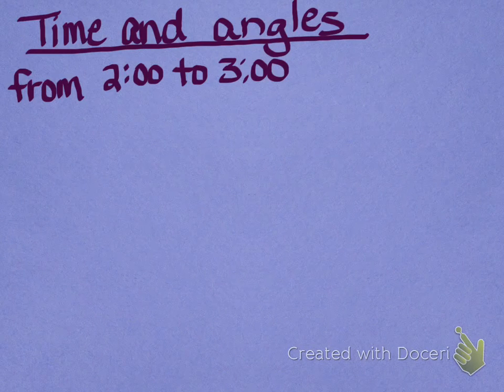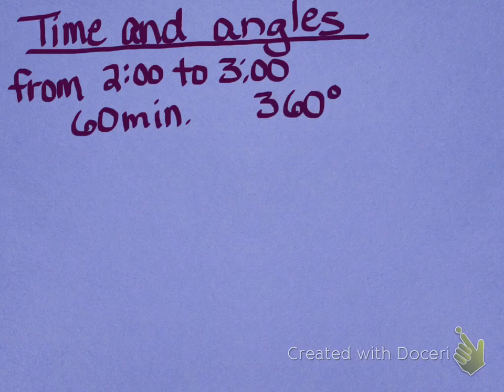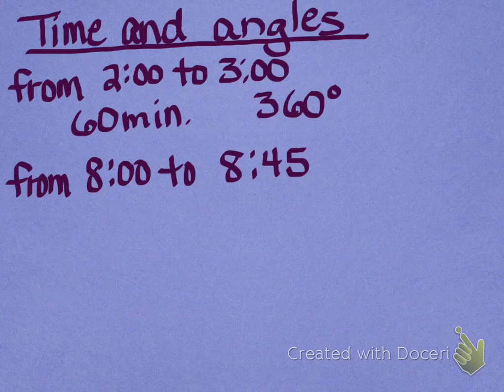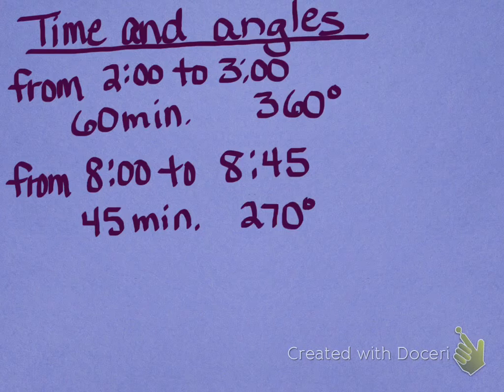If I gave you a time and said from 2 o'clock to 3 o'clock, we would say that that's 60 minutes, and that would be 360 degrees in angle terms because it would be all the way around a full circle. If I said from 8 o'clock to 8:45, that's 45 minutes, which is 3/4 of a turn on the full circle protractor, which is 270 degrees.